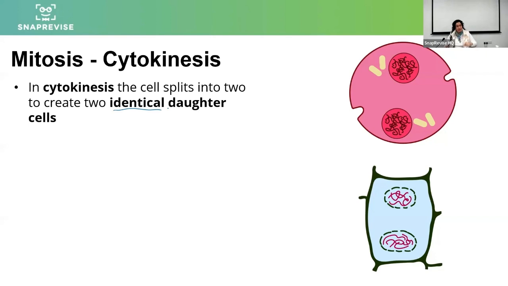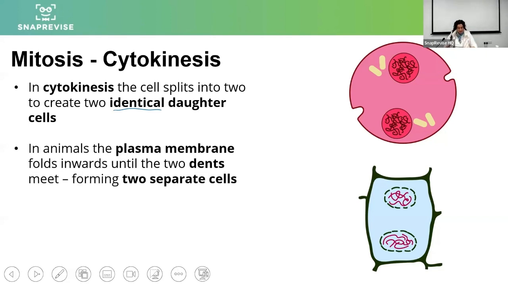It happens slightly differently in plants and animals. In animal cells, where there's no cell wall, the plasma membrane is elastic, it's non-rigid, it's fluid, right? As the fluid mosaic model tells me. So it will actually fold, and there are 2 dents. I hope you can see that.